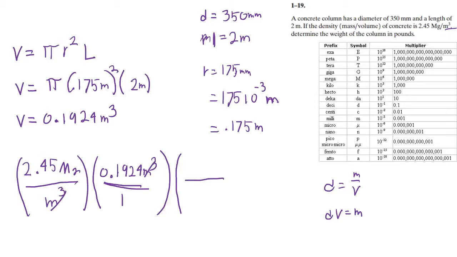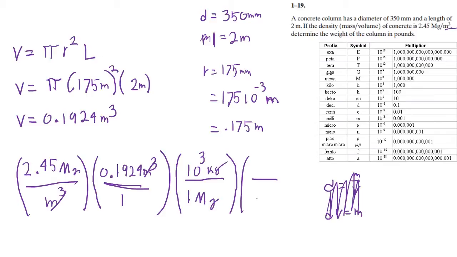Then we want to convert megagram to kilogram because I have no idea how many megagrams are in a pound. I don't want to know. So we know in 1 megagram, there are 1,000 kilograms, aka 10 to the 3rd kilograms. And then how many pounds are in a kilogram? In 1 kilogram, there are 2.205 pounds.